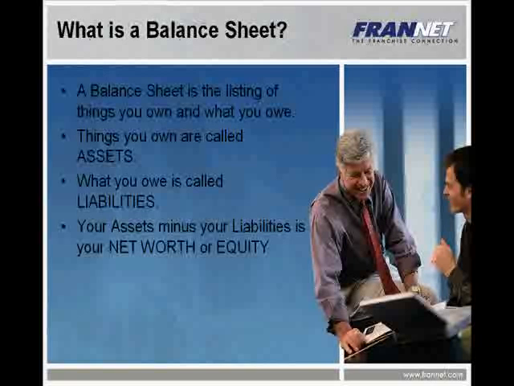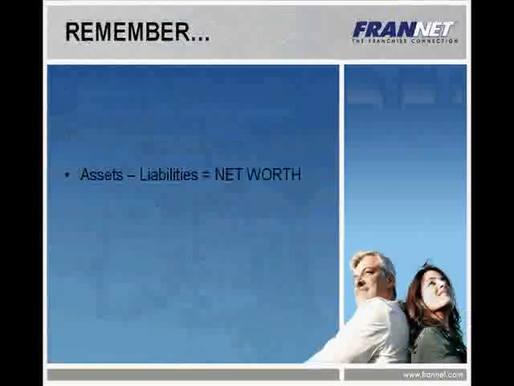The difference, $100,000, is your equity or net worth. So pretty simple. Just remember the formula: assets minus liabilities equals net worth. And you go back and you remember it's called a balance sheet. The assets have to equal the liabilities plus net worth. It has to remain in balance.